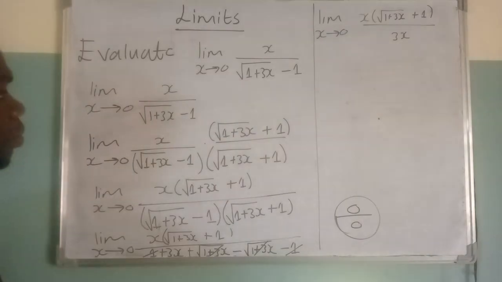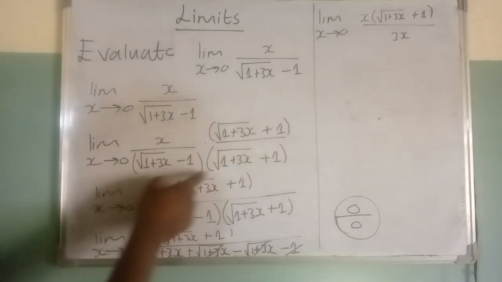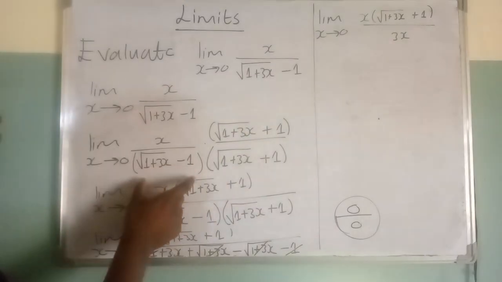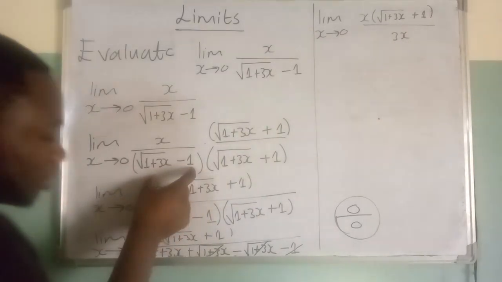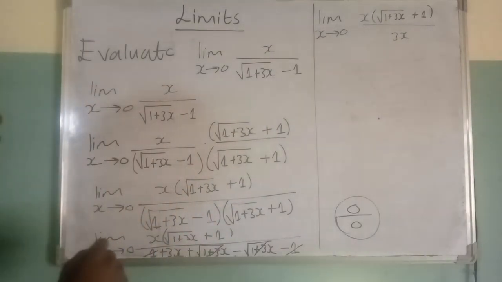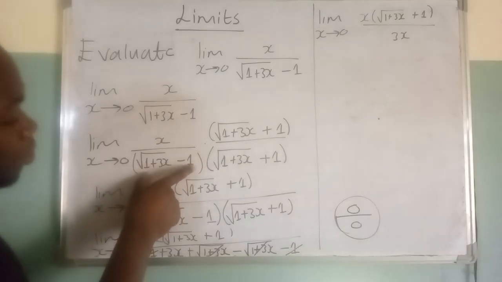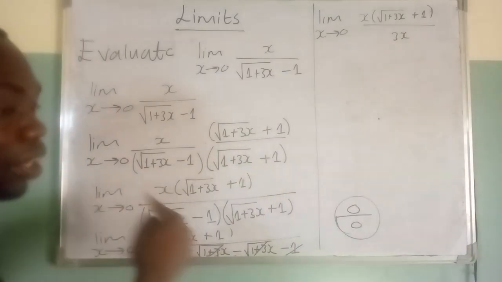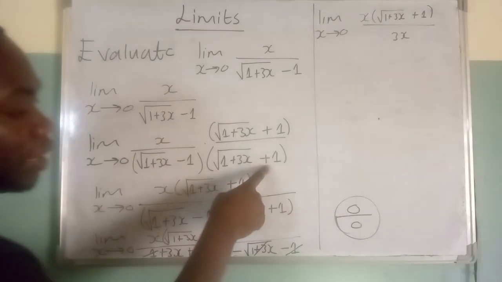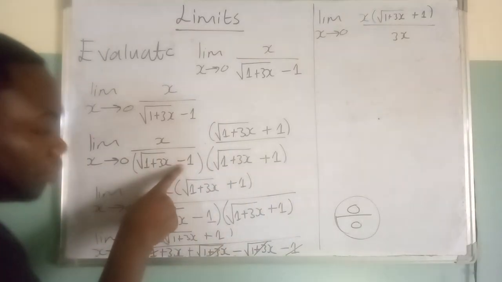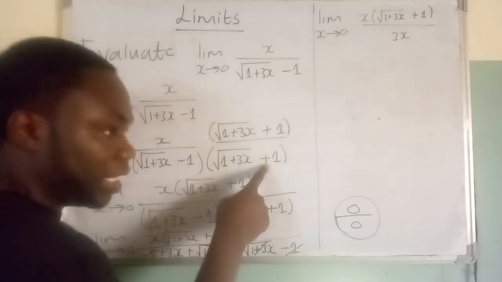What's the first step? The first step is you rationalize now. You copy the same question here. Since the square root is on the denominator, we'll rationalize this part. So you copy the same denominator this side, but the only difference is supposed to be the sign. If here you have a positive, here is supposed to be negative.